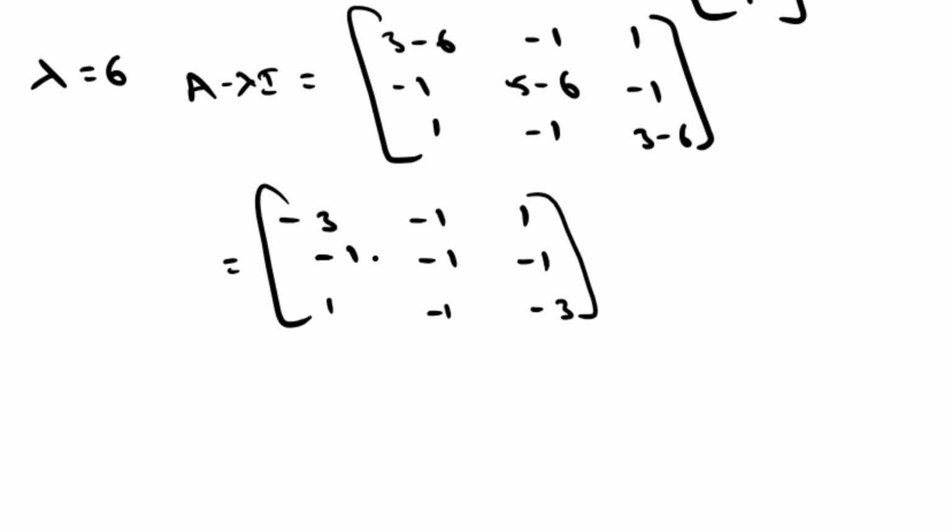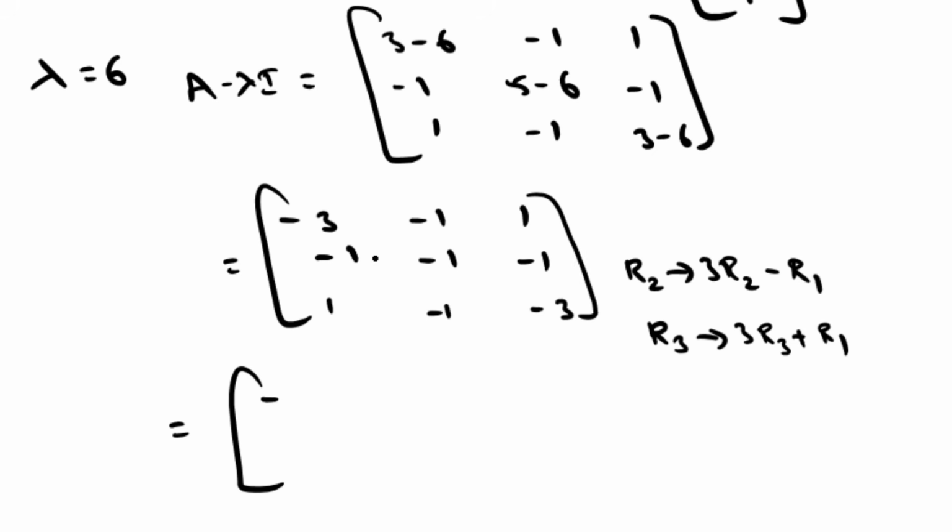Now R2 implies 3R2 minus R1, and R3 implies 3R3 plus R1, which is equals to [-3 -1 1; 0 -2 -4; 0 -4 -8].